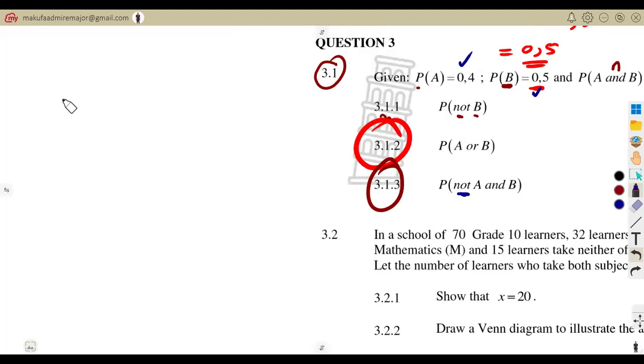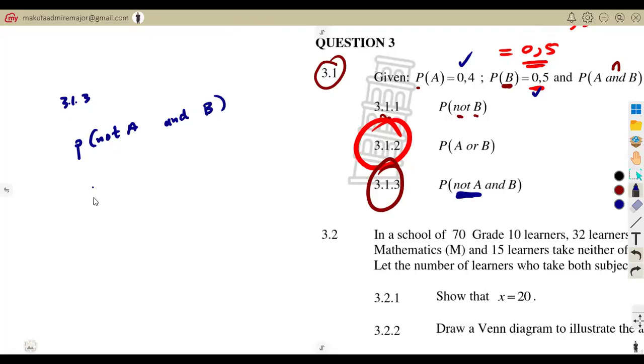3.13, like this. I want first to have the presentation. The probability of not A is on its own, guys. Probability of not A, and B, is a set on its own.